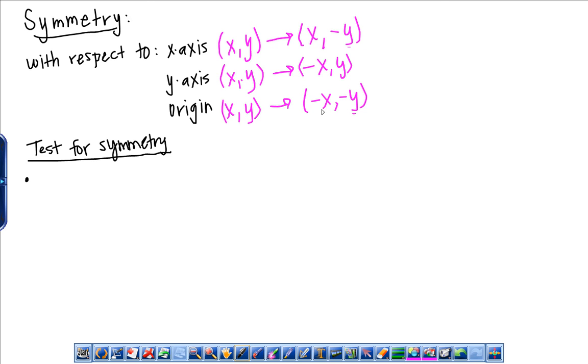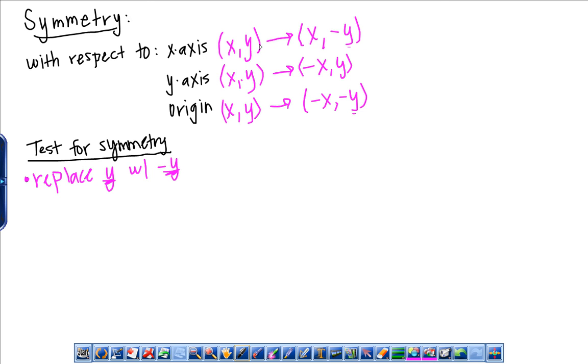All right, you may not always have ordered pairs, so we want to be able to test for symmetry if you have an equation. How we can test symmetry with an equation is we want to replace things. So we are going to replace y with a negative y, which I did up here.